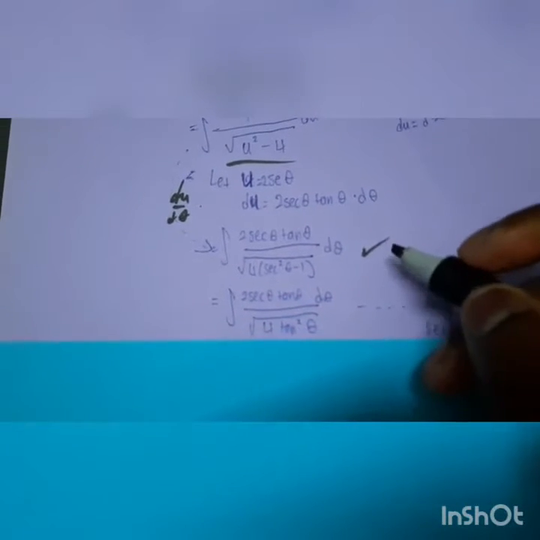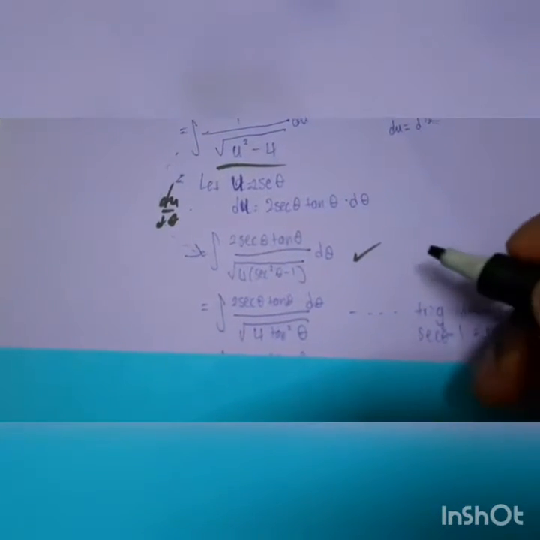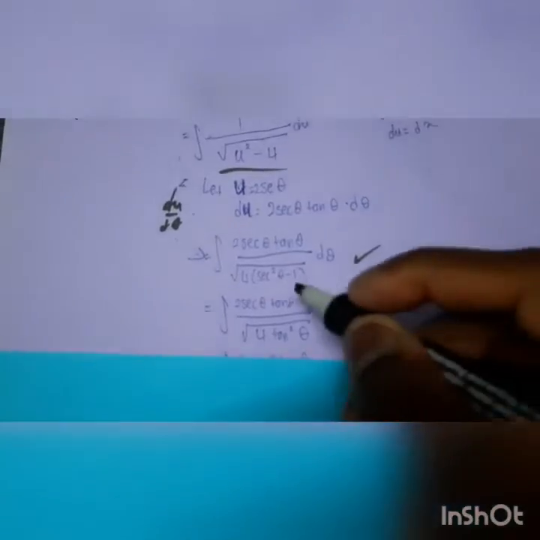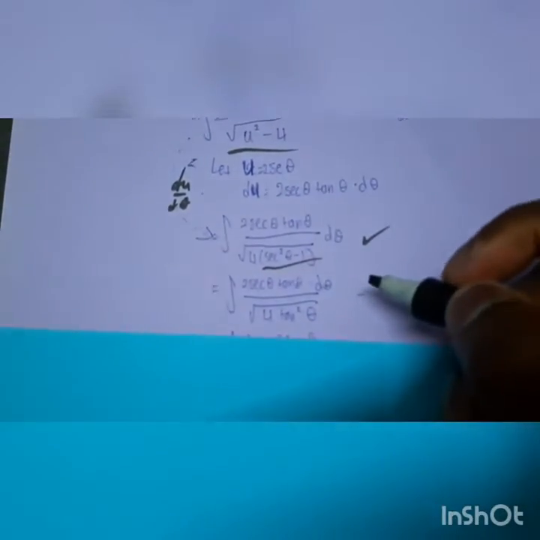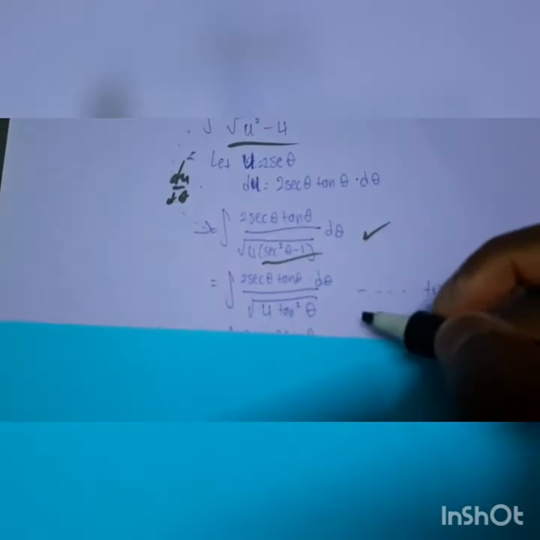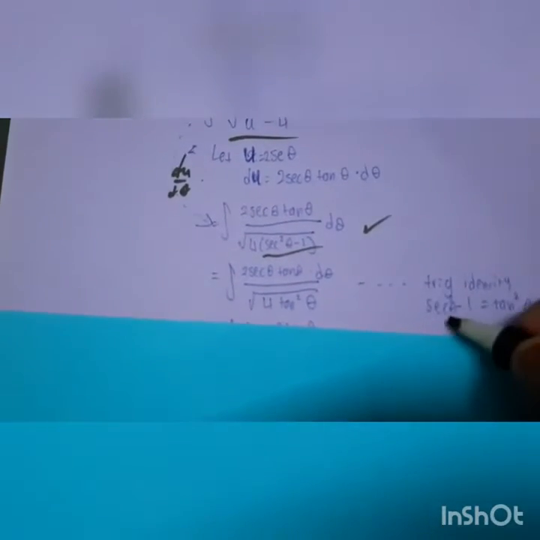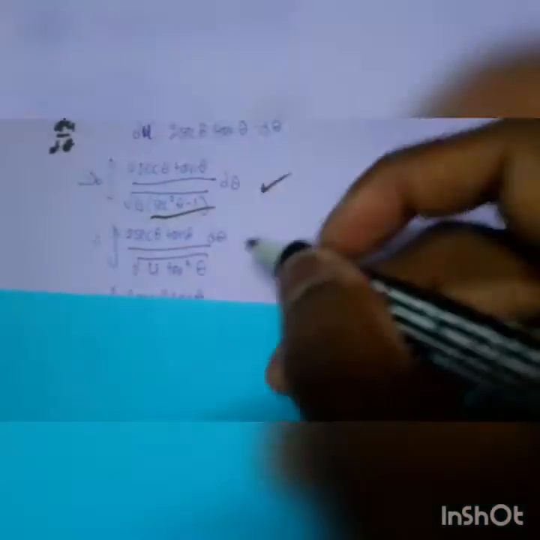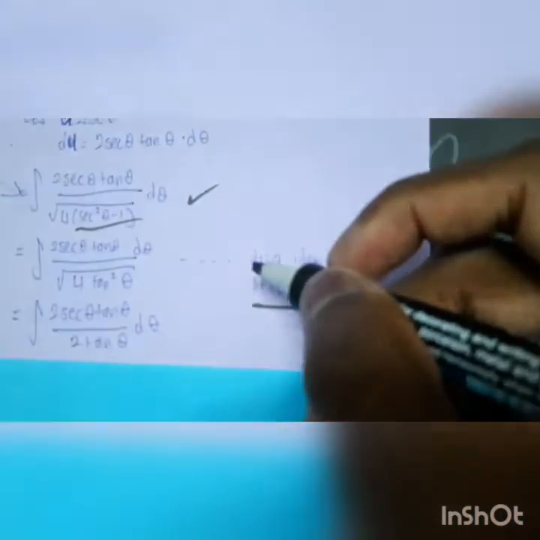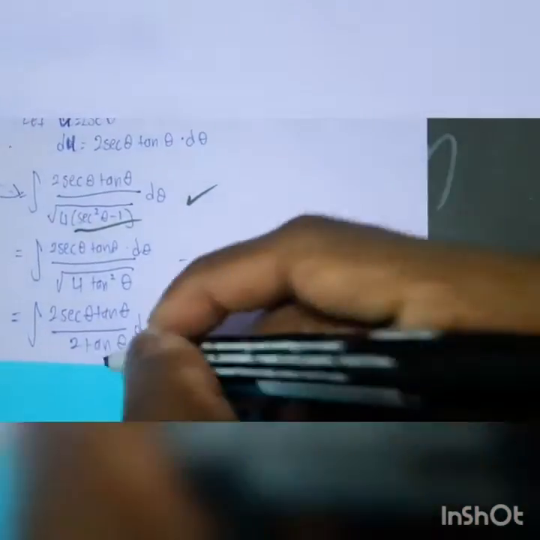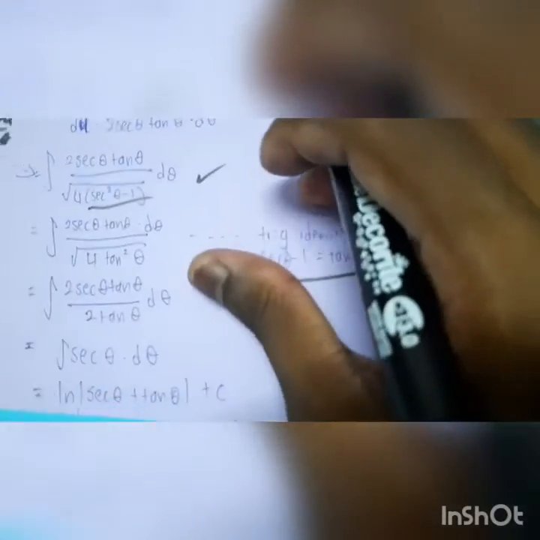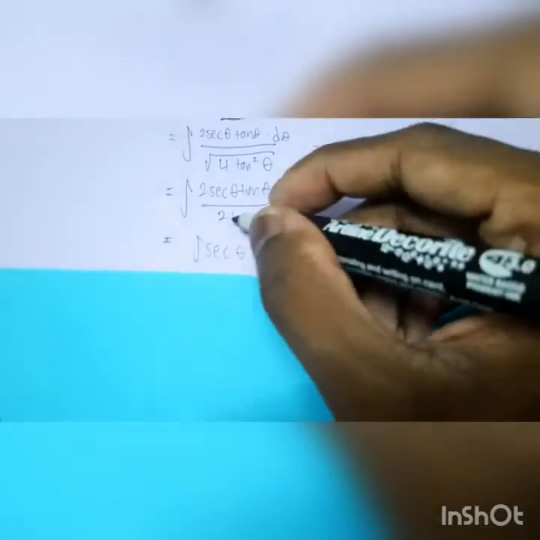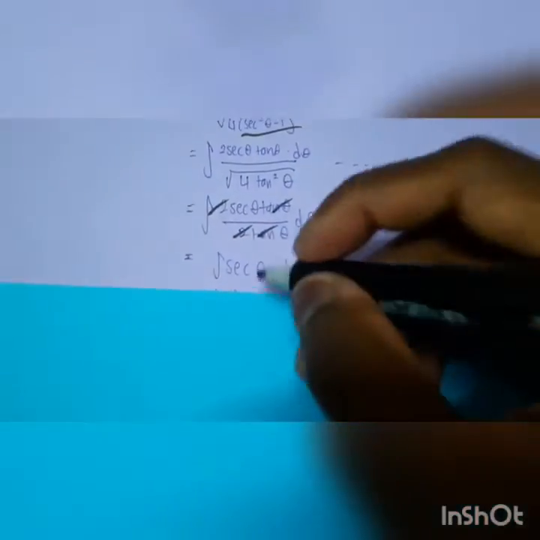Right now to integrate this, we're going to simplify it first. Sec squared theta minus 1 is basically the trigonometric identity for tan squared theta, as you can see right here. The next step would be the square root, and we would simplify the square root of tan squared theta to tan theta, and by cancelling off tan theta and 2, we are left with sec theta.